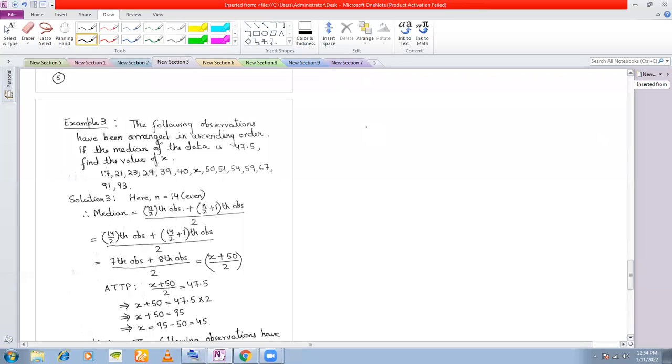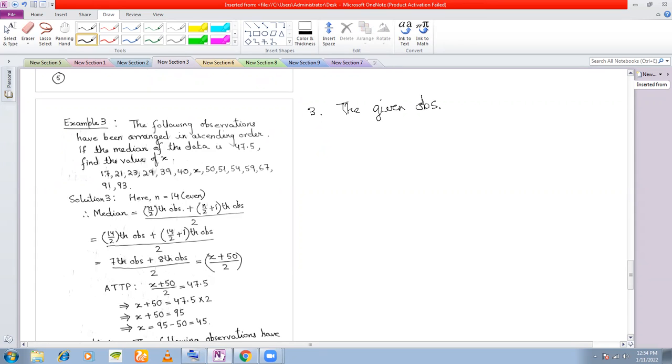Question is, the following observations have been arranged in ascending order. If the median of the data is 47.5, find the value of X. Okay, so the given observations are already arranged for you in ascending order, so you don't need to arrange.